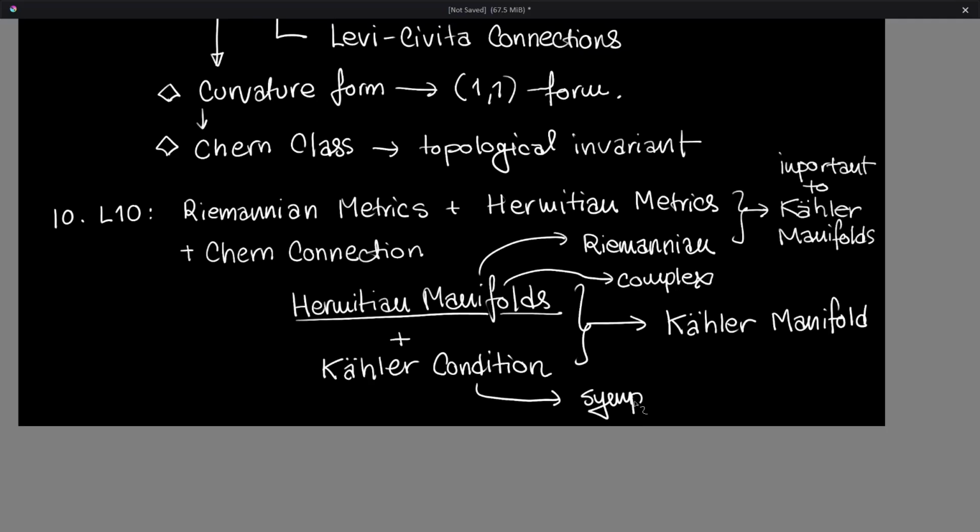And that's what we're going to talk about next. Once we discuss what a symplectic manifold is, we'll be set up to analyze a Kähler manifold. All right, so moving on to the next page, let's talk about symplectic manifolds.